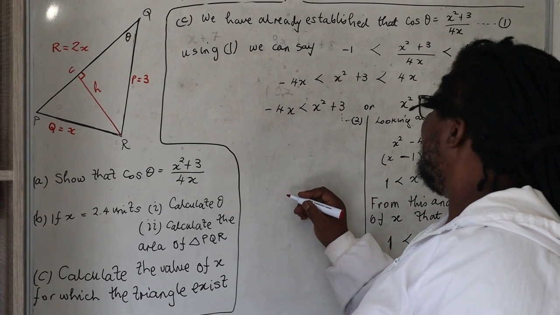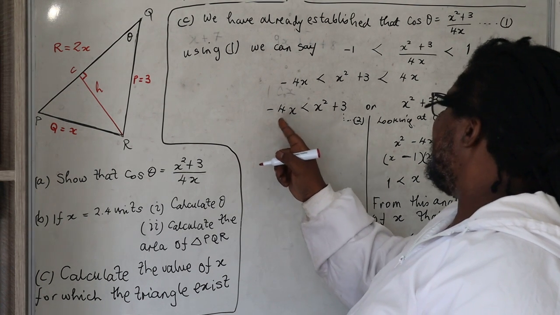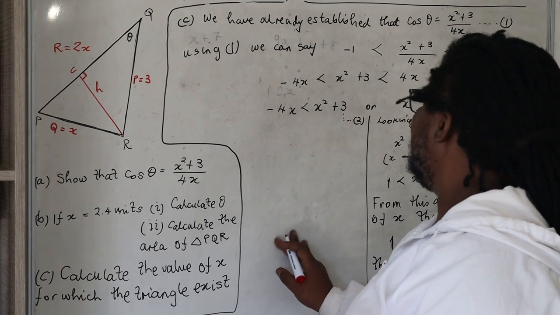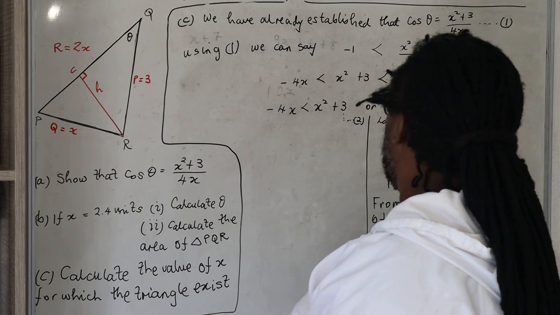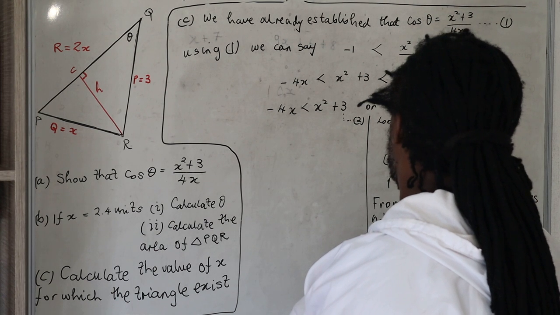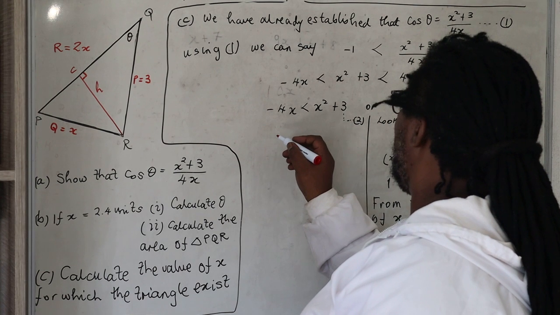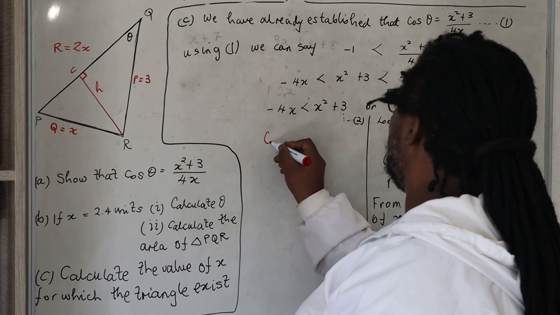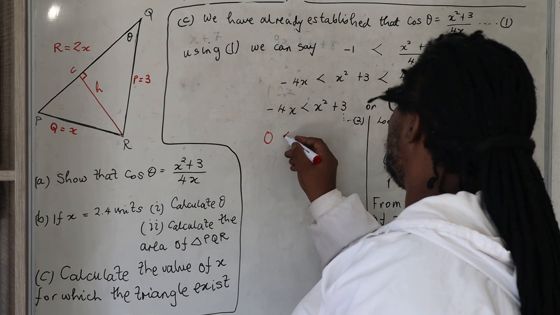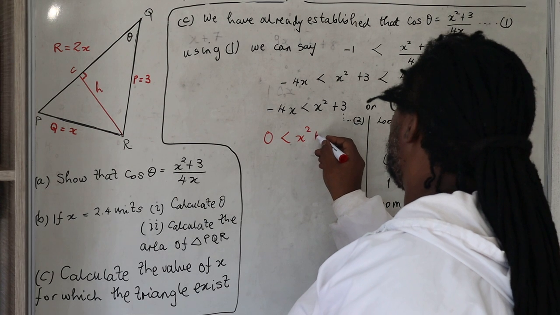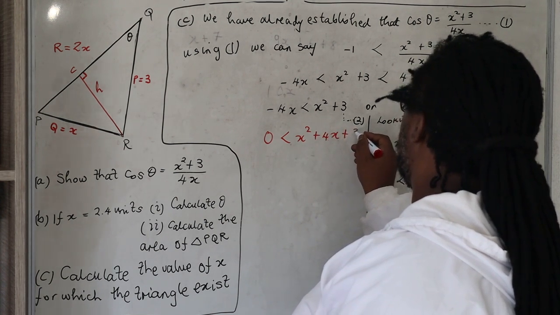So we can multiply through by minus 1, or we can bring 4x to the other side. If we add 4x on both sides, 0 less than x squared plus 4x plus 3.